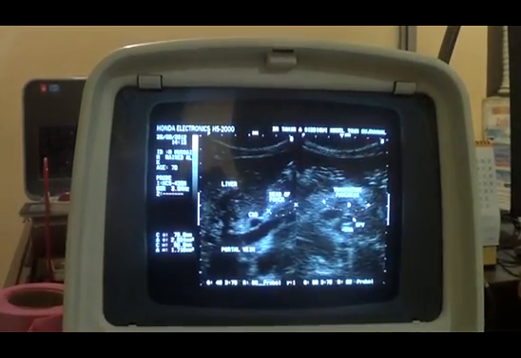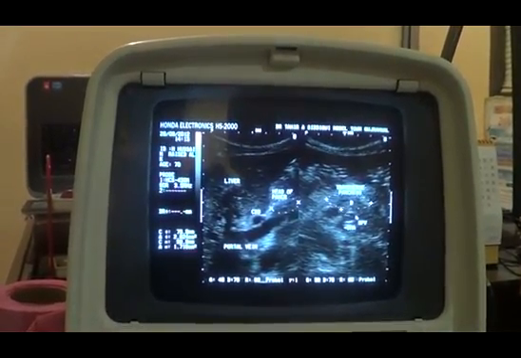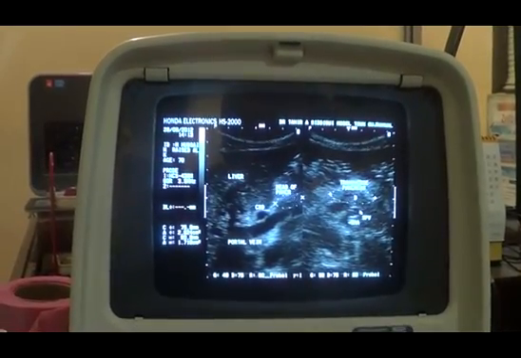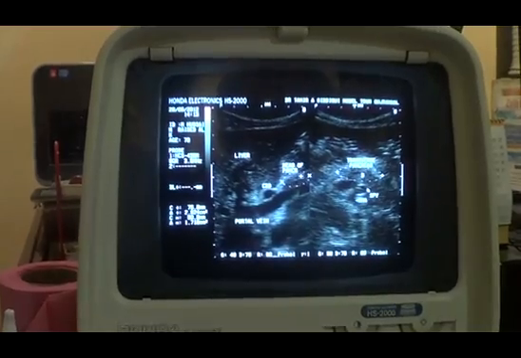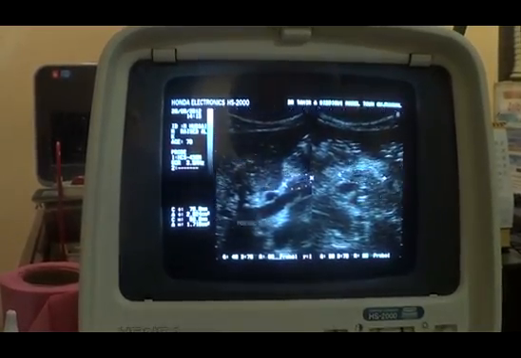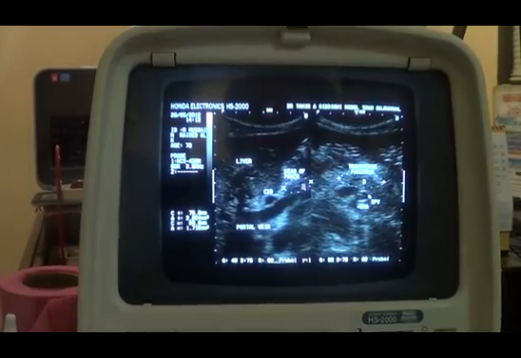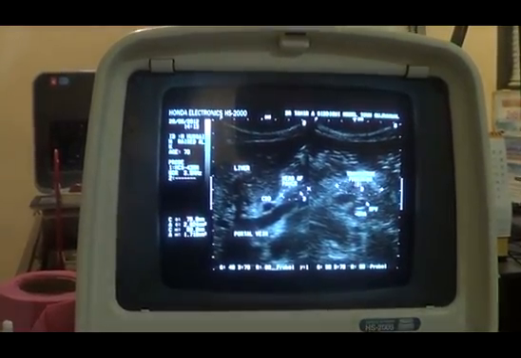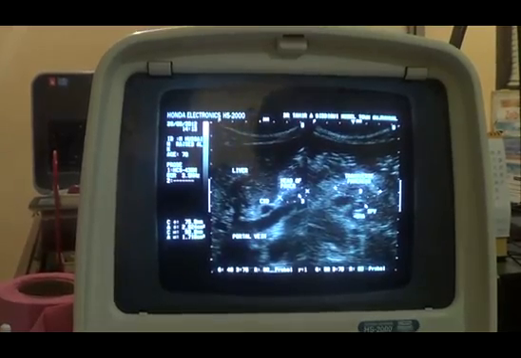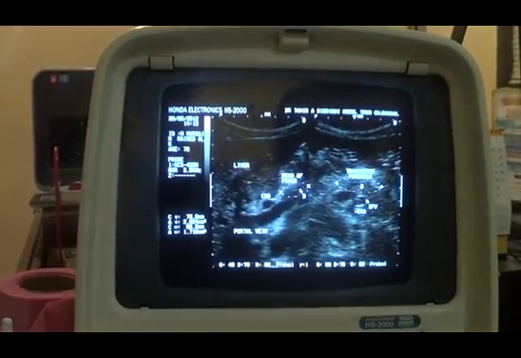Now, this central cystic dot that you are seeing is in fact the pancreatic duct, this area. D stands for duct. Here, this is the duct. So there is no pathology related to the pancreas.